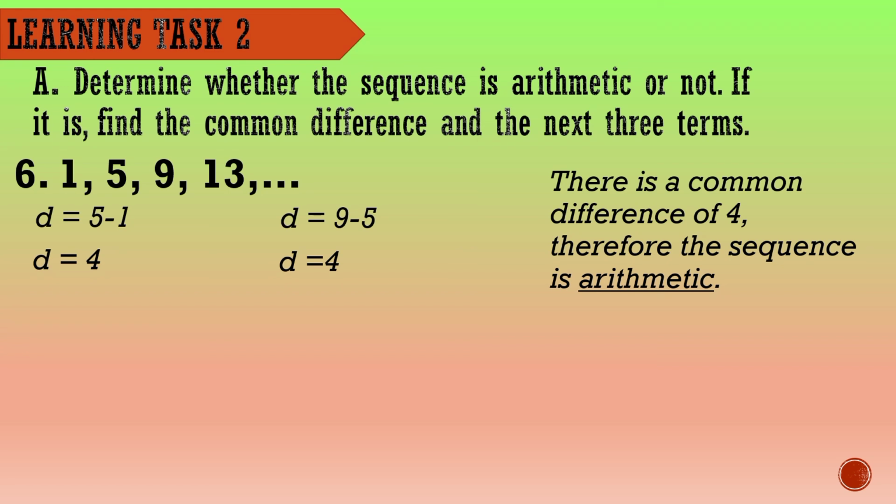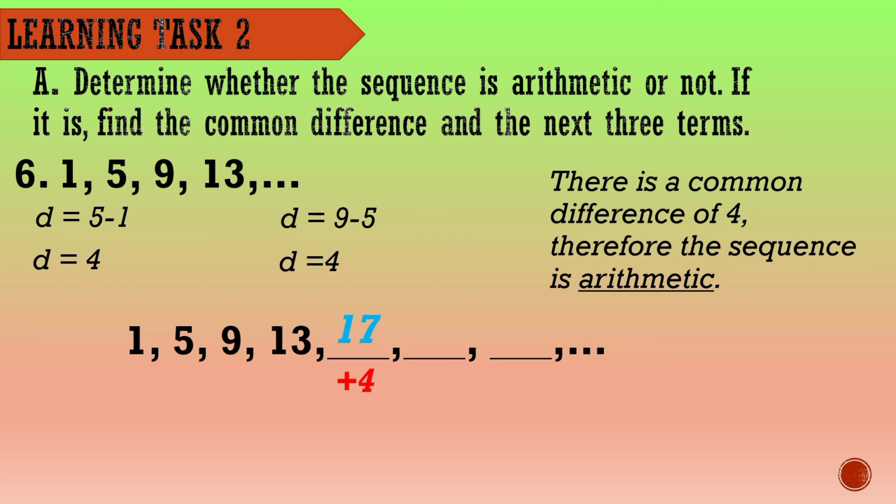We have to find the next 3 terms after 13 by adding 4. So, 13 plus 4 is 17. 17 plus 4 is 21. 21 plus 4 is 25. Okay? May tanong po ba?